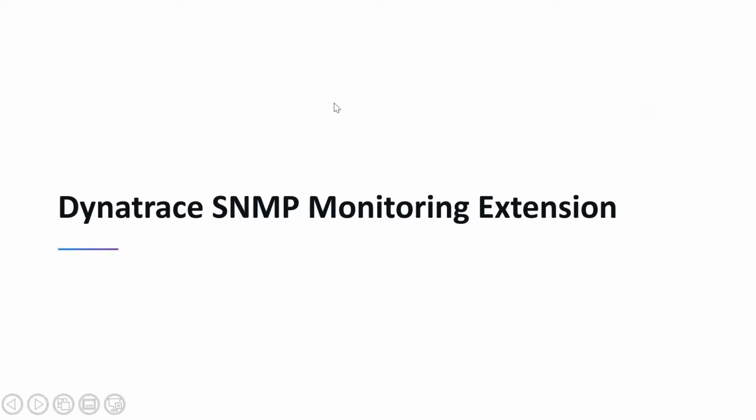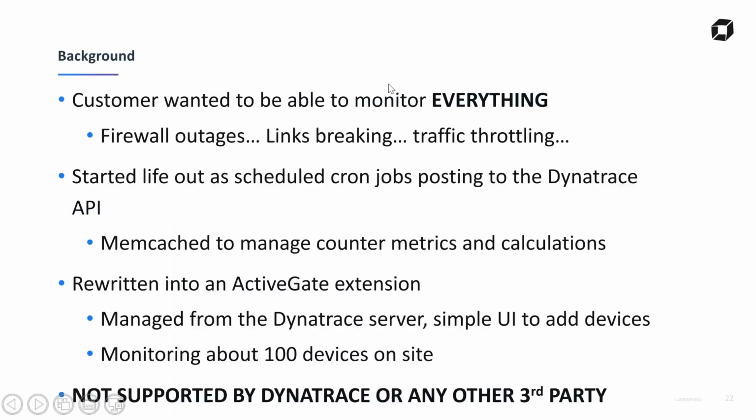But I'll talk about how I've packaged this together and how Dynatrace can be used to monitor SNMP automatically through the ActiveGate. So a bit of background as to why this extension came about. I was at a large government customer, and I mentioned before that they have a large Dynatrace footprint, and it's been great for understanding the applications and how they all fit together. The AI is automatically raising problems and seeing users that come in and how they're impacted.